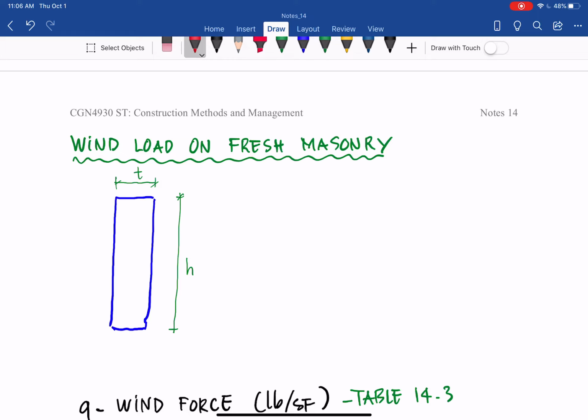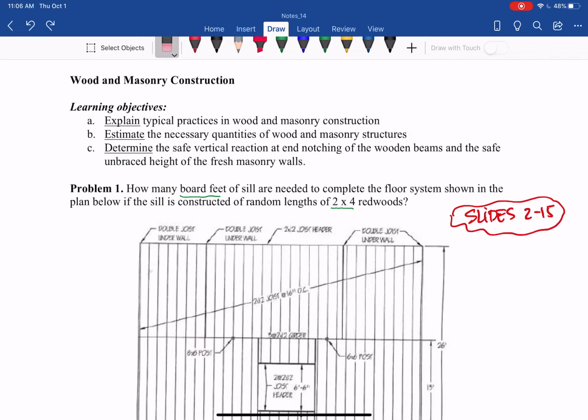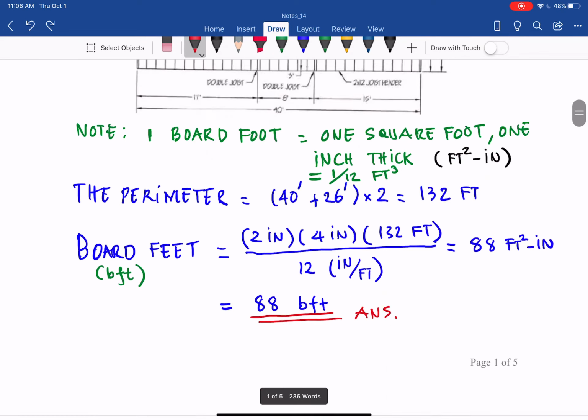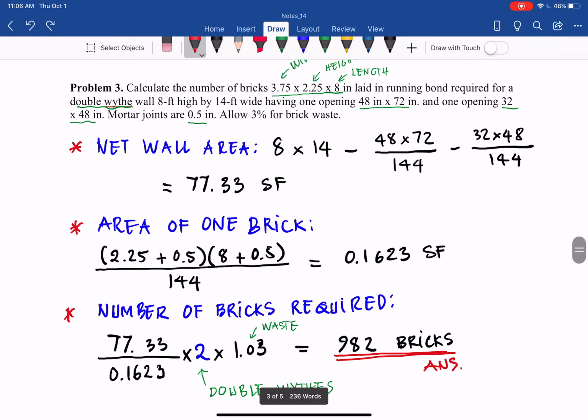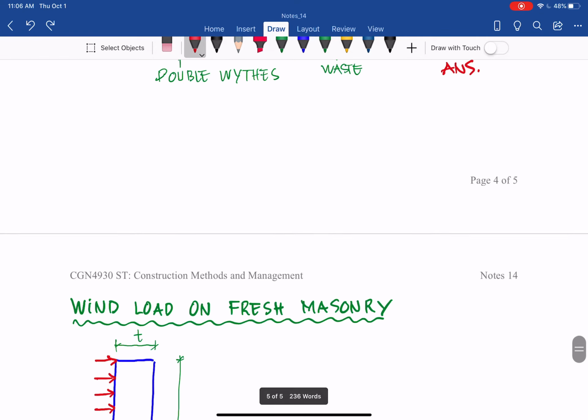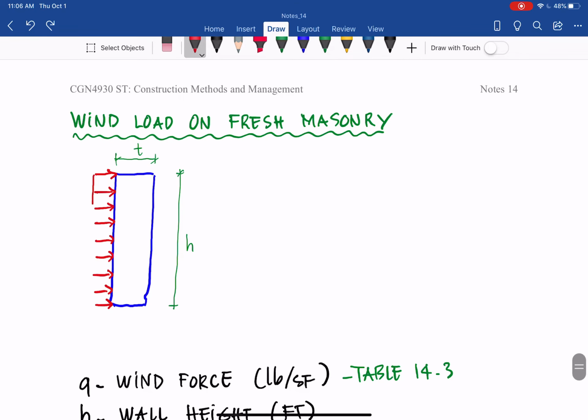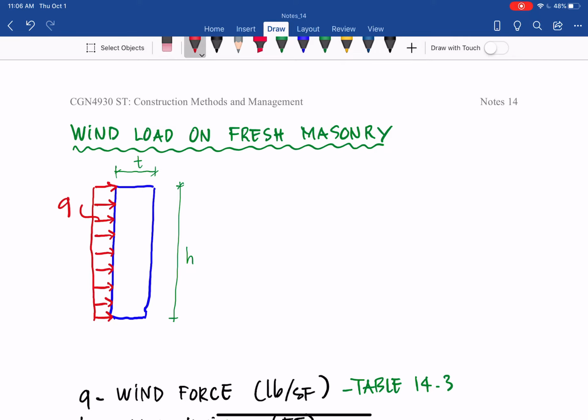So let the wind be applied, assumed uniformly distributed on the surface of the wall, and that is q. Then the wall weight at the center of mass of the wall, we call that W.